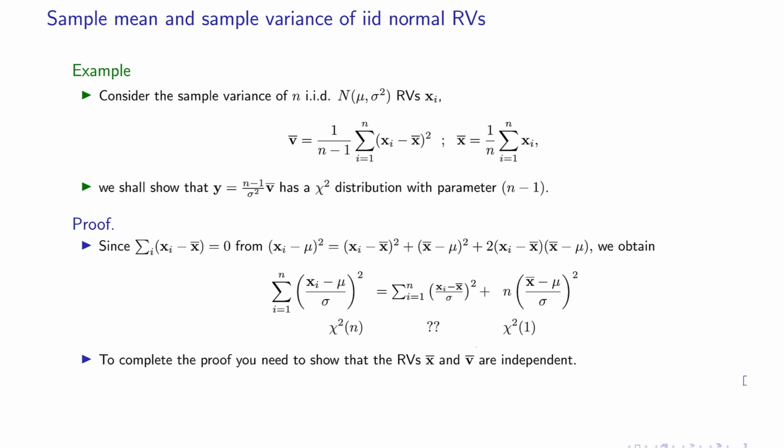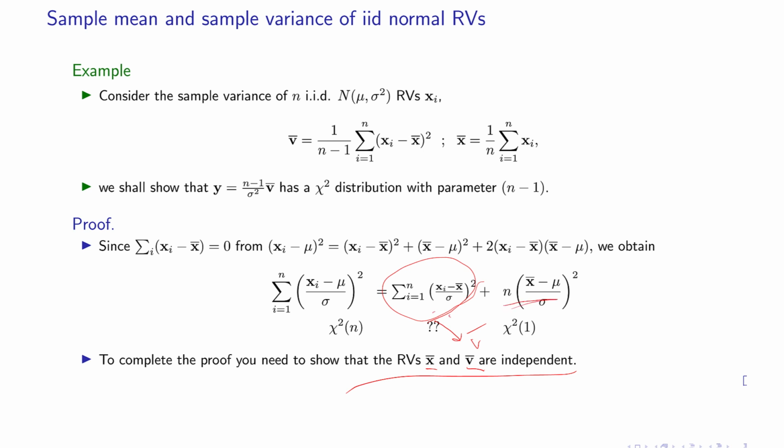So you need to show that x bar and y bar are independent. So that means that this random variable gives you the sample variance. Of course, if you normalize it, this is your y, and this term and this term are independent.